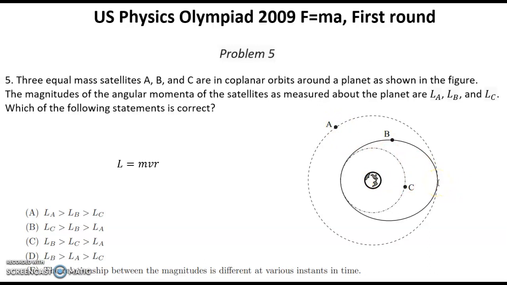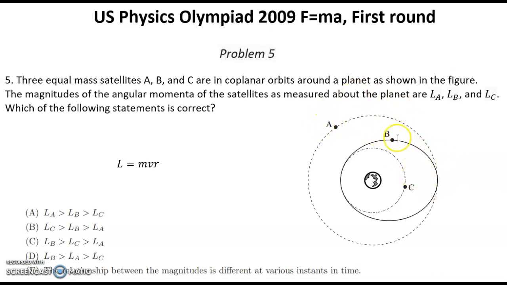It means that angular momentum greater for satellite A. All angular momentum they are conserved, so it doesn't matter where do we measure it. So we just established a first relation.